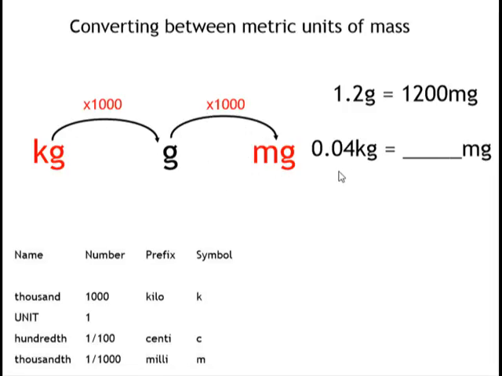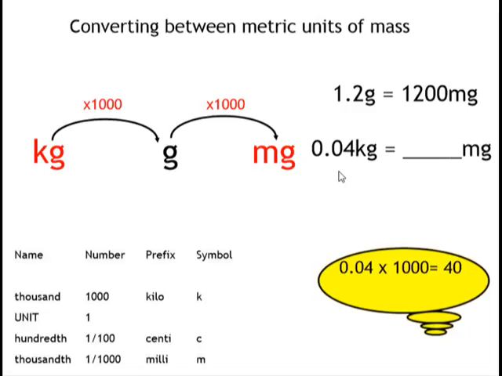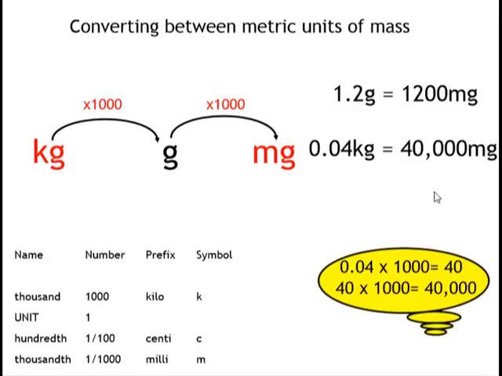So let's try that with this number. 0.04 multiplied by the first 1,000 here gives me 40. So I know that 0.04 kilograms is 40 grams. Now I'm going to put that 40 through again, and I'm going to multiply by 1,000 again. So 40 multiplied by 1,000 is 40,000. So now I know there are 40,000 milligrams in 0.04 kilograms.